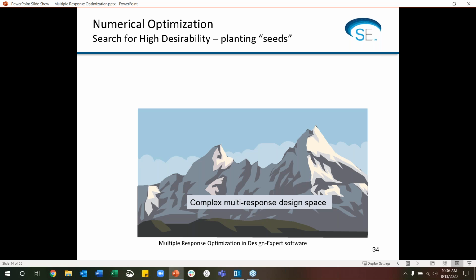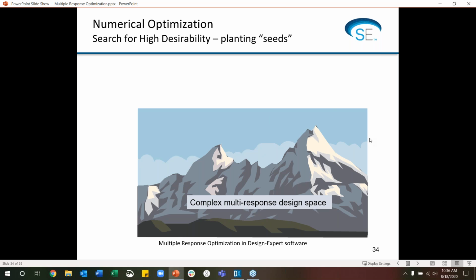All right, so our design space can be very complex, and I just made this for fun. This mountainous region has a mountain, and we also have a plateau down here.